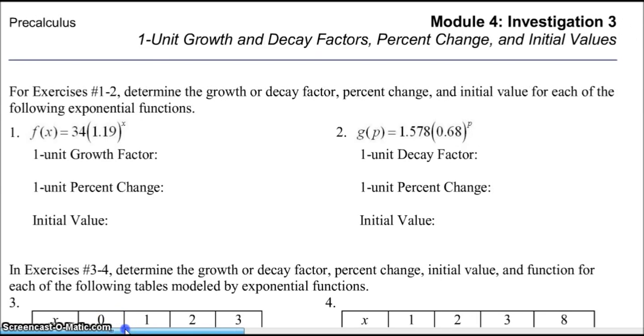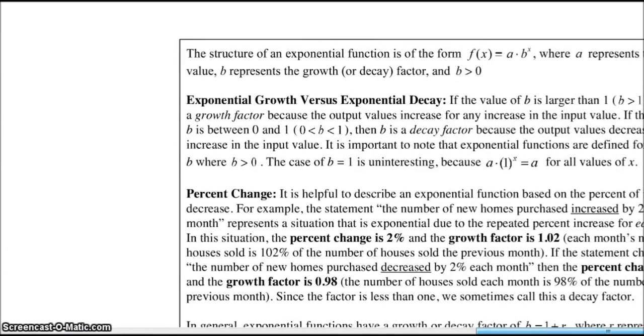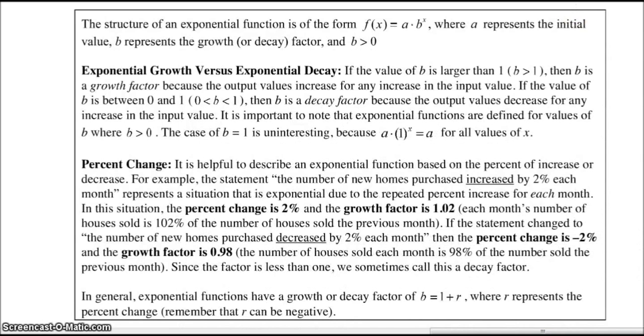Refer back to Module 4 Investigation 2. We had this chart. If we take a look at this, the structure of an exponential function is of the form f of x equals a times b to the x, where a represents the initial value, b represents the growth or decay factor.